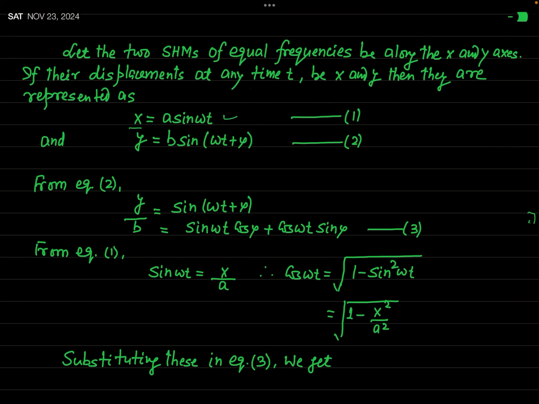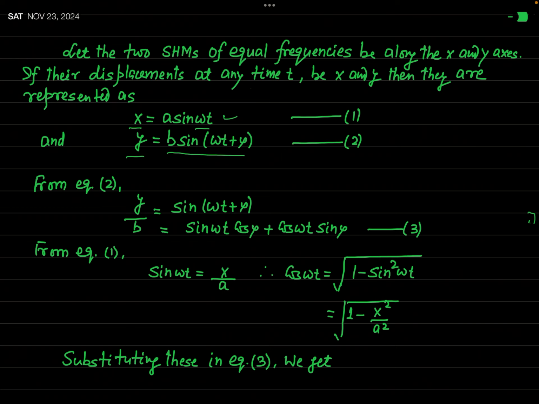Here a is the amplitude of this SHM and omega is its cyclic frequency, and this factor omega times t is called the phase of the SHM. Here I have considered that the phase constant is equal to 0. Now the other SHM, along the y-axis, is represented by the equation y equal to b times sine of omega t plus phi.